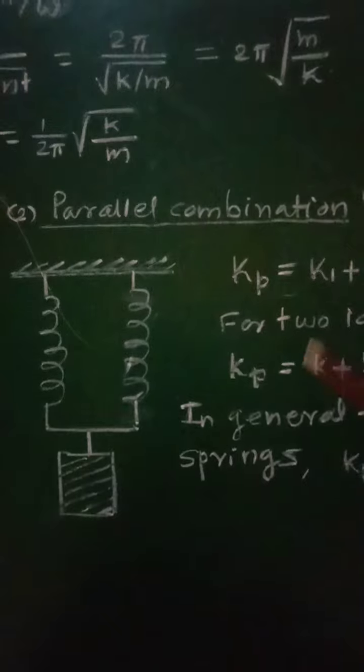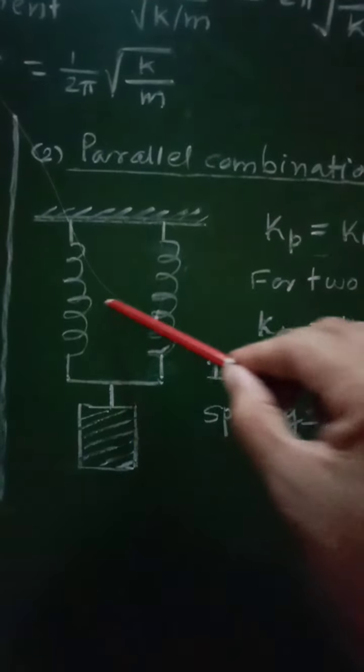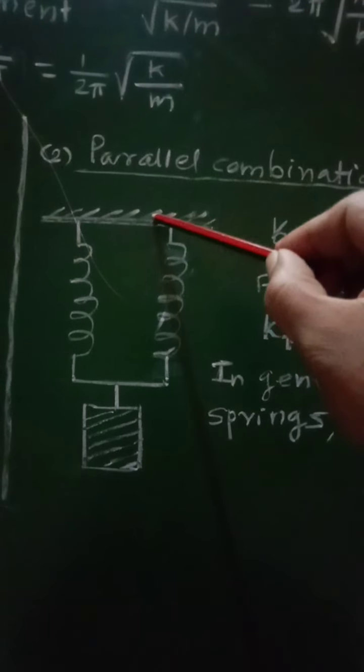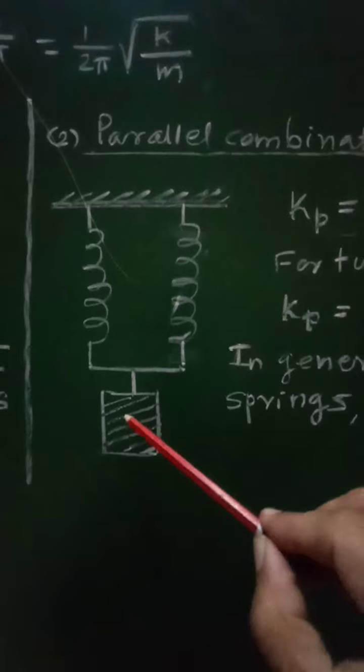Now let us go to the second, that is parallel combination. In parallel combination, the springs are connected such that one end of all the springs is connected to a rigid support and the other end is connected to the force or the mass.